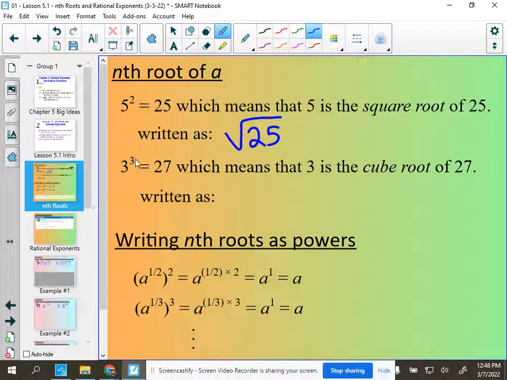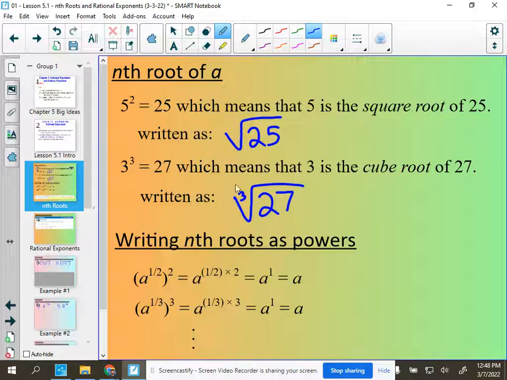Similarly, 3 to the third power, 3 cubed, is 27, which means that 3 is the cube root of 27. Beyond square root, for any other root we perform, we want to indicate that it's not a square root.